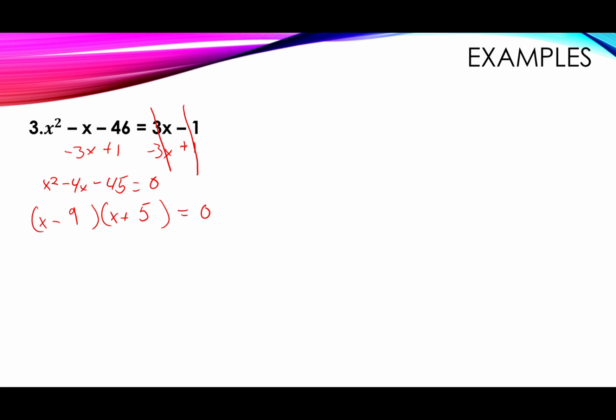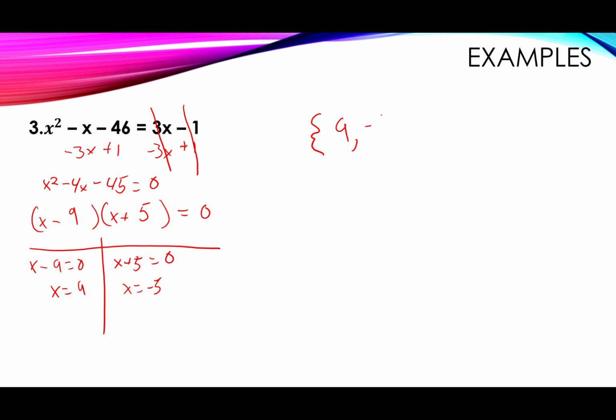All right, and so then just similar to this, x minus 9 equals 0, x plus 5 equals 0, and of course x equals 9, x equals -5. All right, and so little curly bracket, 9 and -5 is our answer.